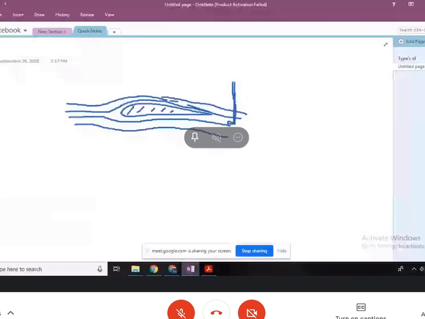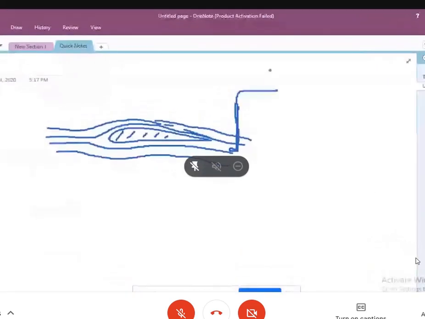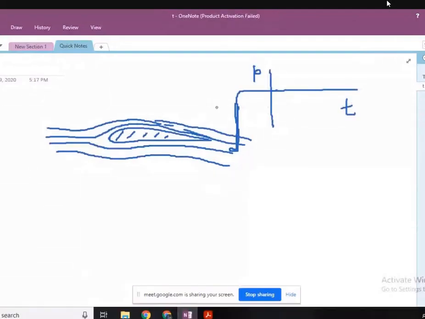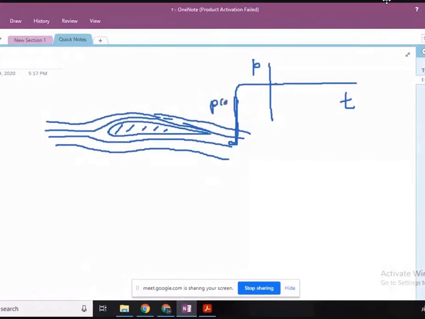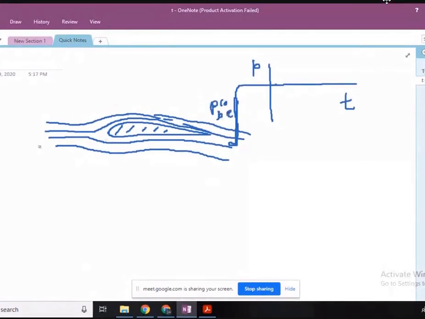I have connected this pressure measuring probe to a graph plotter, which gives an indication of the pressure against time t. This is a probe which I have kept in the field. This portion of the flow is called the free stream, because it doesn't see the presence of the object in the field, so it is an undisturbed flow field.